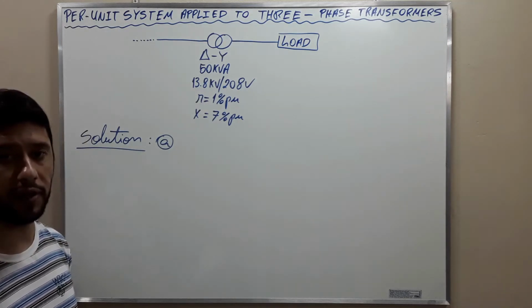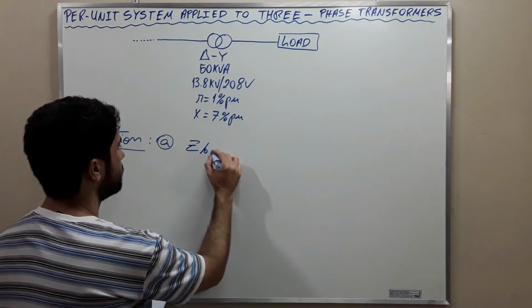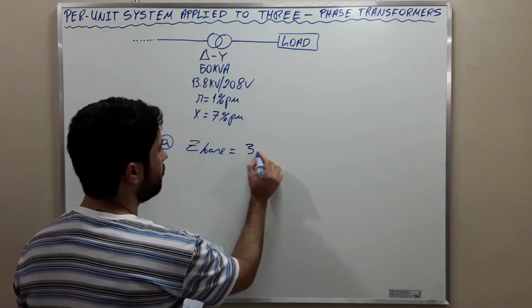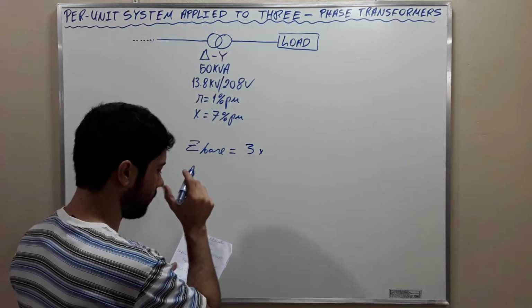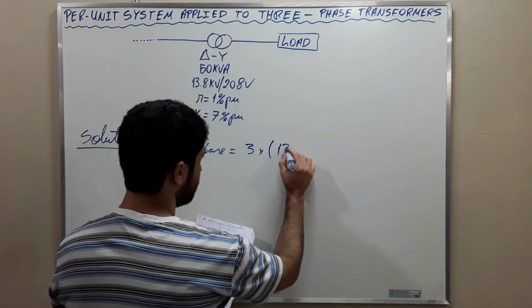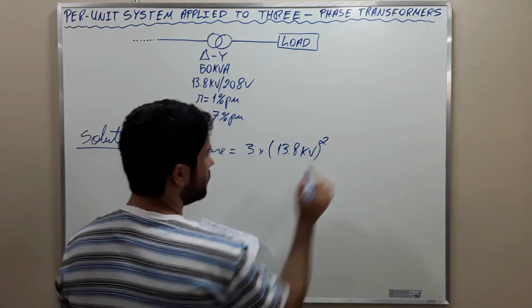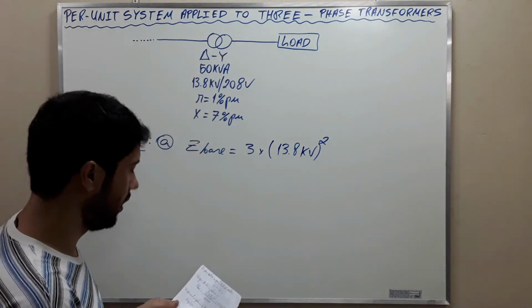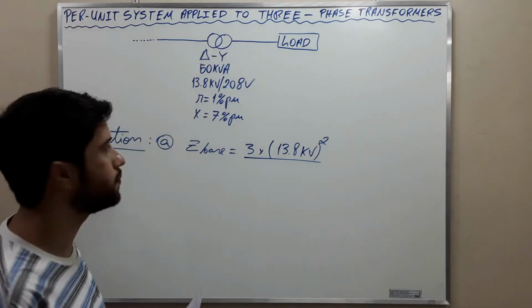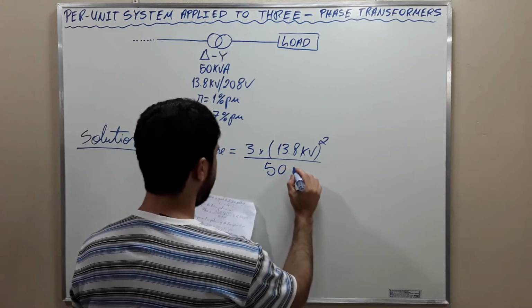Therefore, the base impedance is three times the voltage squared divided by the apparent power, 50 kVA.